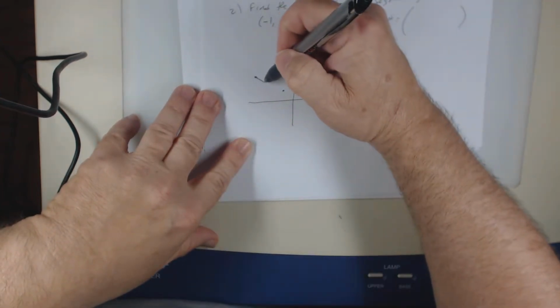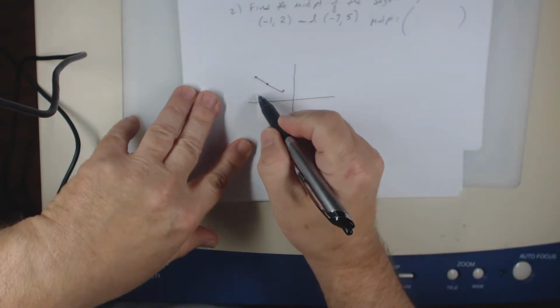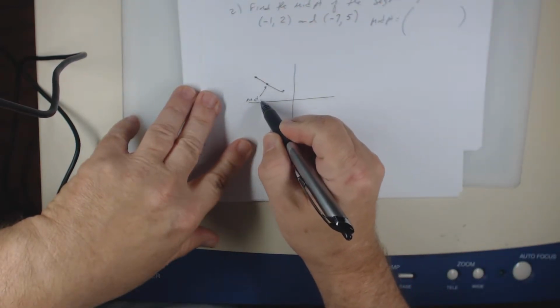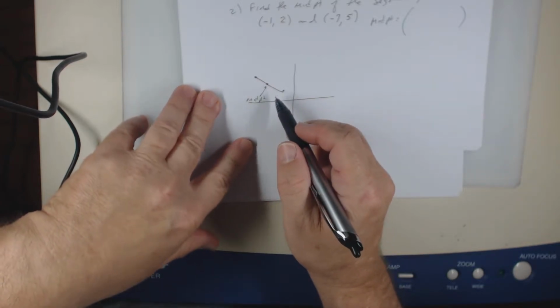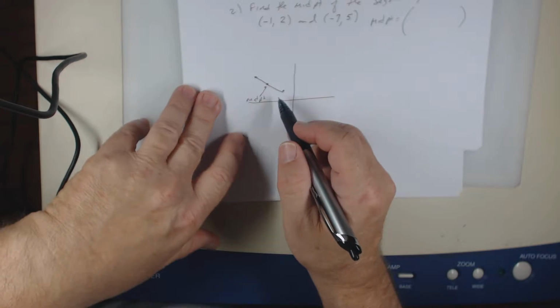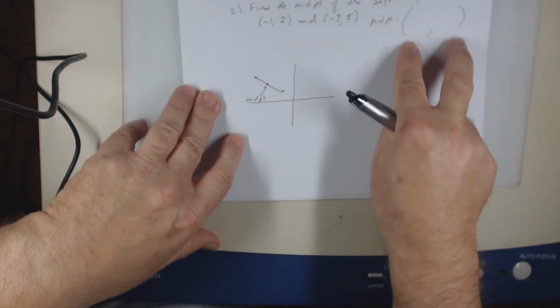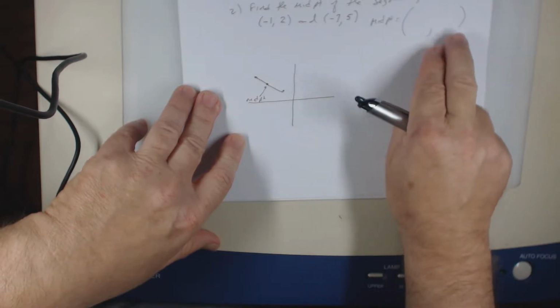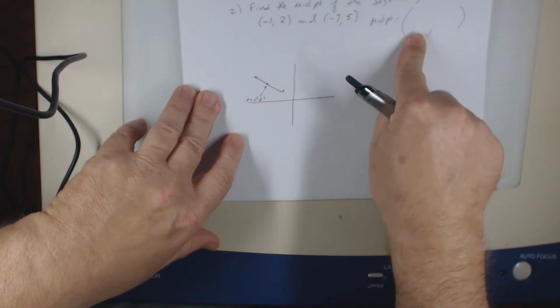So I look at the segment. The midpoint is a point right in the middle, correct? But you have to understand the midpoint is also a point, and you label a point with an x coordinate and a y coordinate. So the midpoint is an ordered pair. An x coordinate and a what? Y coordinate. And to find the midpoint, remember these are your x's here and these are your y's.